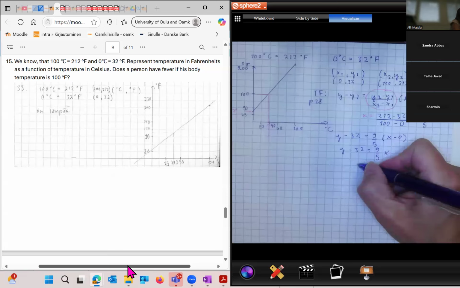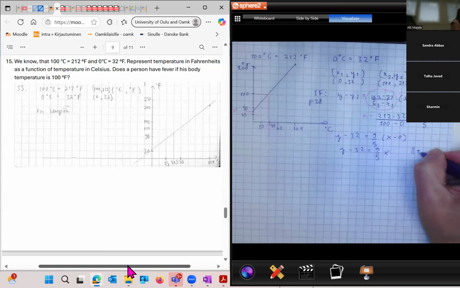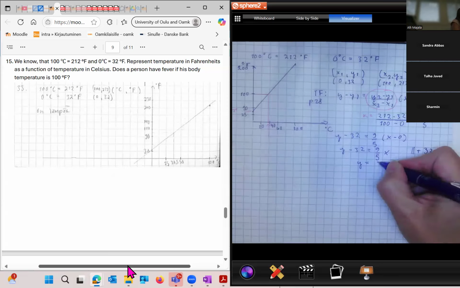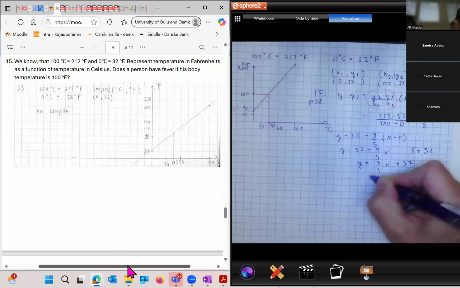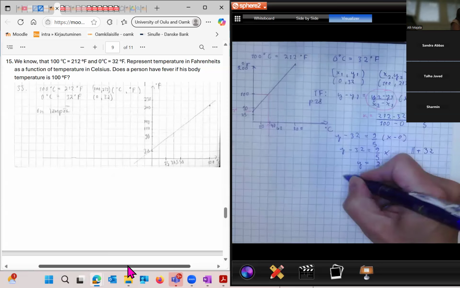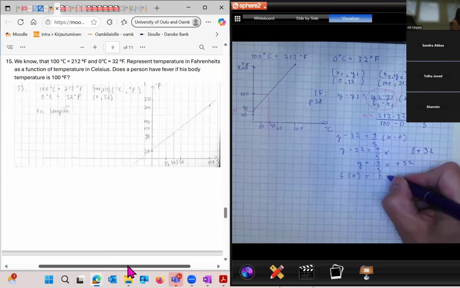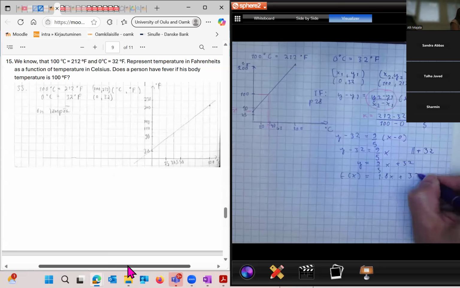So I add 32 there. I get the 9/5 x plus 32, or maybe the equation that you actually remembered. Was it 1.8 x plus 32?